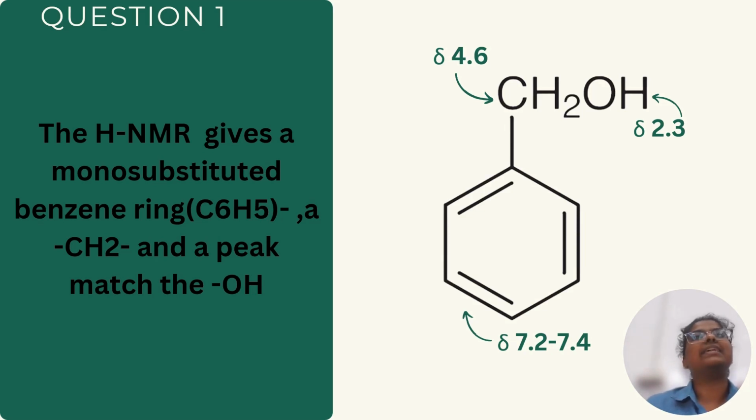From here we know there is a CH2OH attached to a benzene ring, where by looking at the proton NMR we know at 2.3 ppm there is a compound OH that is attached to this compound, and the second at 4.6 ppm we know there is a CH2 disulfide uncoupling, and by looking at the ppm of 7.2 to 7.4 we know there is a benzene ring also attached to this particular compound.